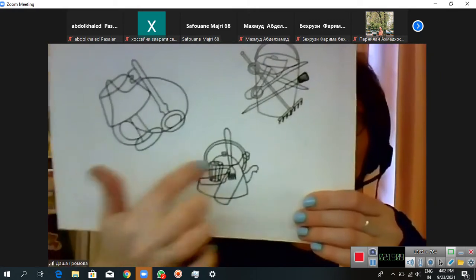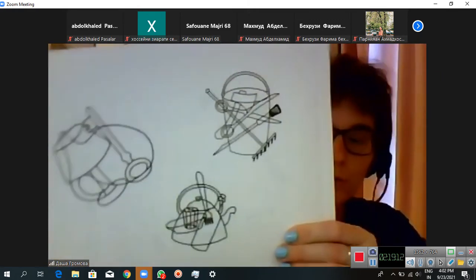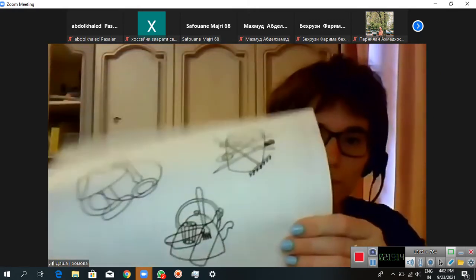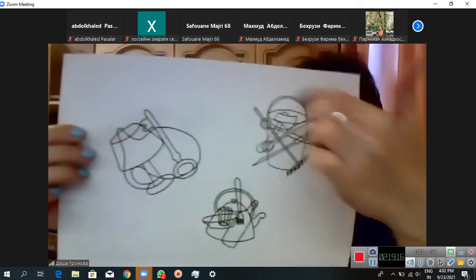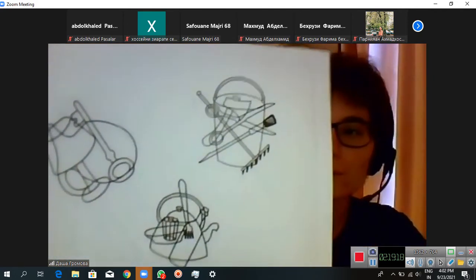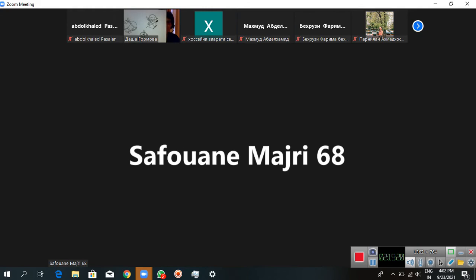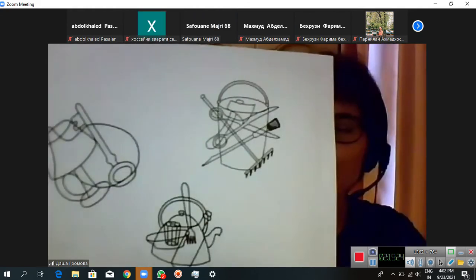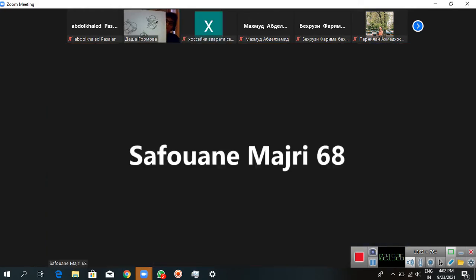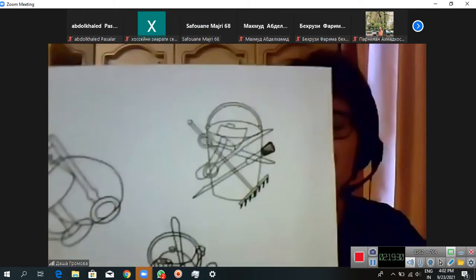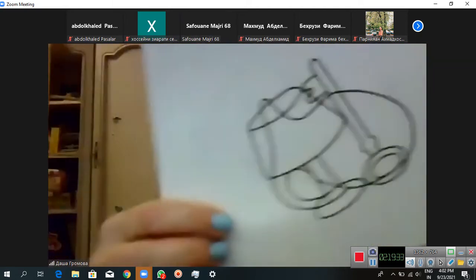You see that these objects are put together, one by one. Can you please tell us what you can see in this one? Okay, in that one, I see a bucket, scissors, an axe, the thing they grab leaves with. Yes, perfect.